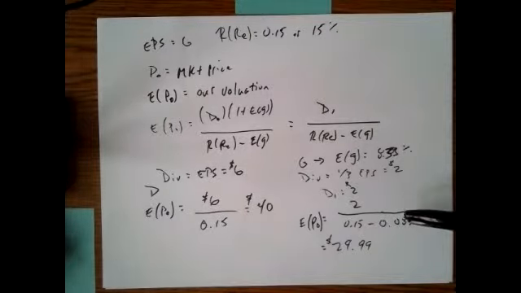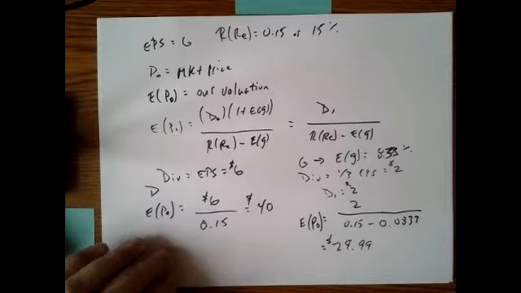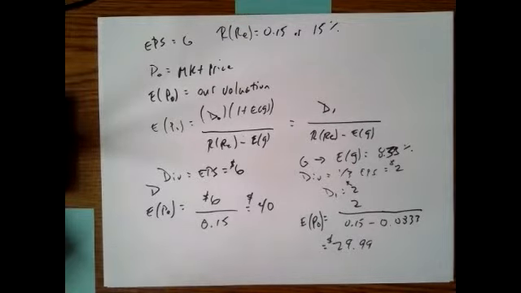And so even though G is a growth firm, the growth firm is actually worth less than the dividend paying firm.